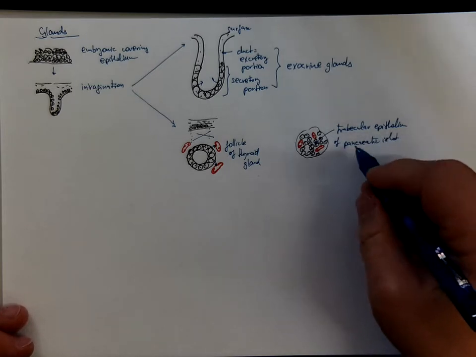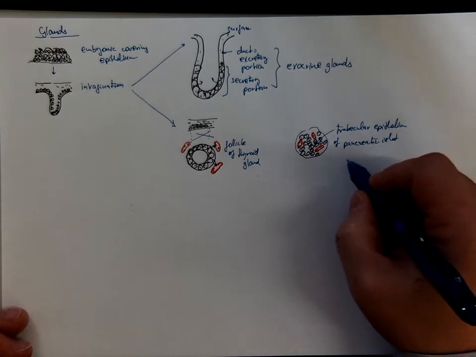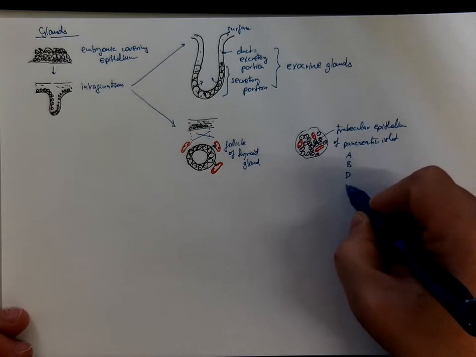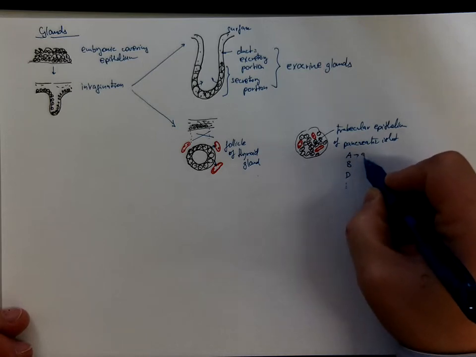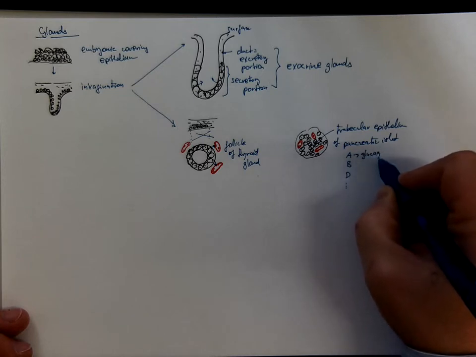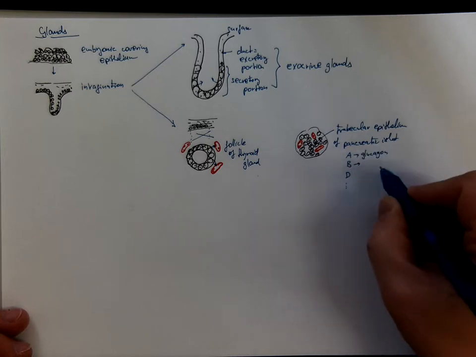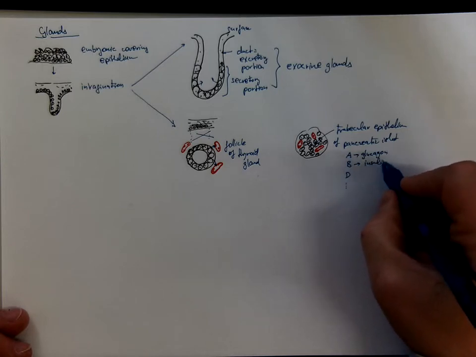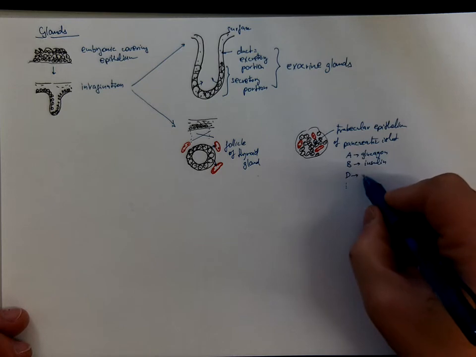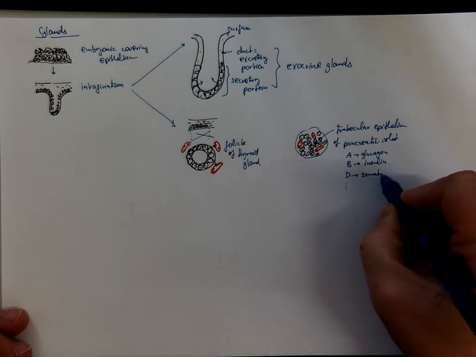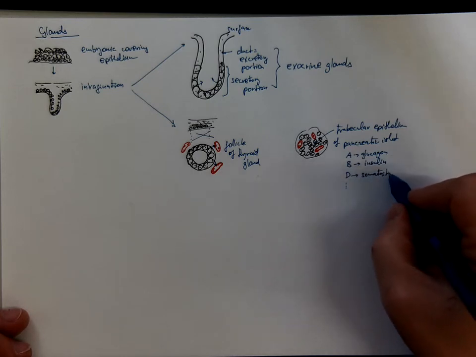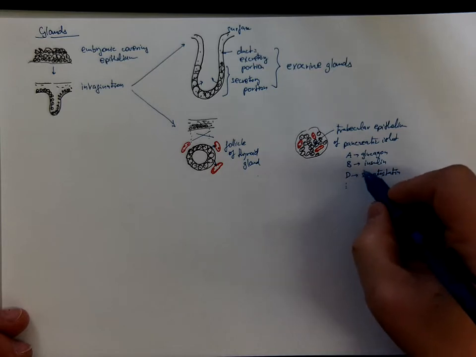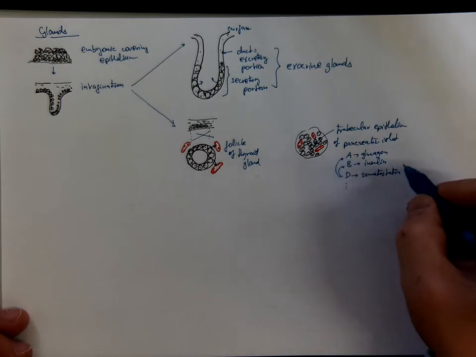Which consists of several cell types, the most frequent being A, B, and D, but there are more. A cells produce glucagon, B cells, the most numerous, over 70%, produce insulin, and D cells produce a tissue hormone called somatostatin, that has some negative feedback on the previous cell types.